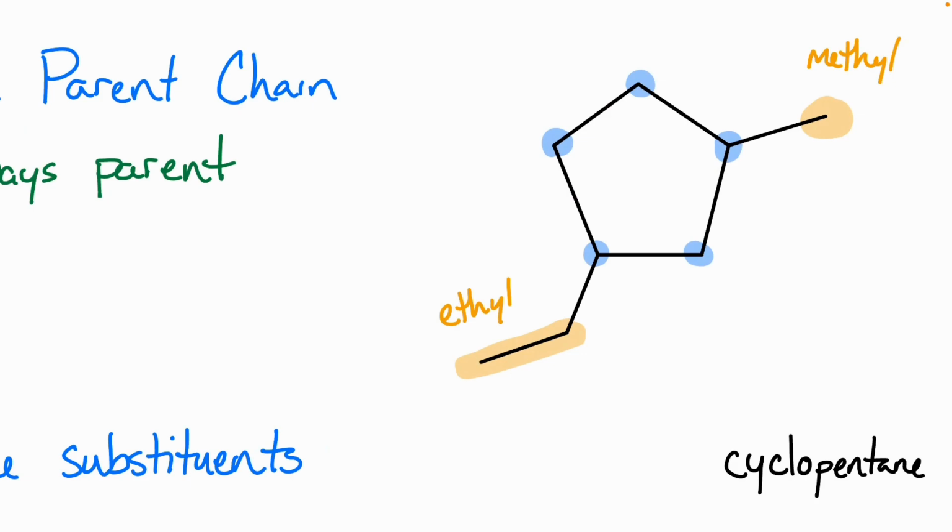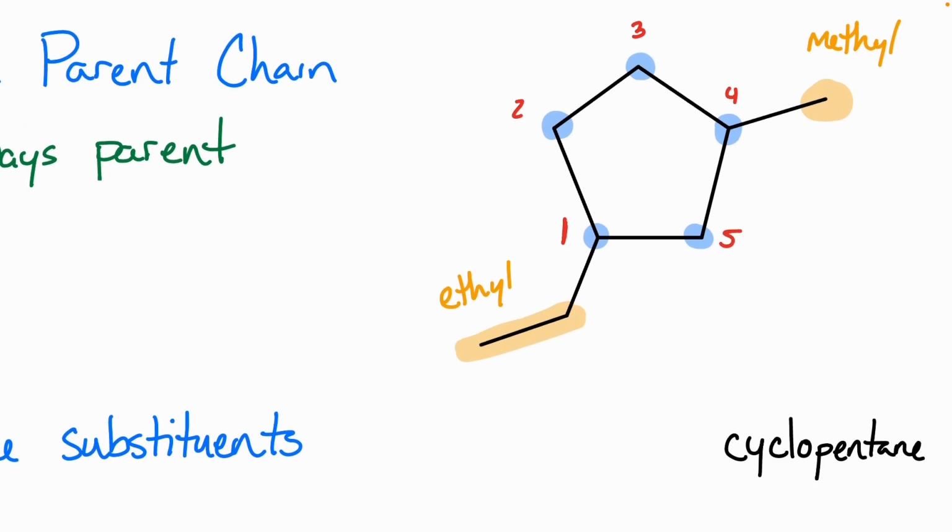So I'm going to start numbering with my ethyl group as carbon 1, and we're going to look at all our different numbering schemes. The first thing I'm going to do is go clockwise, so that'd be 1, 2, 3, 4, 5. So this would be 1 and 4. That's where my substituents are.